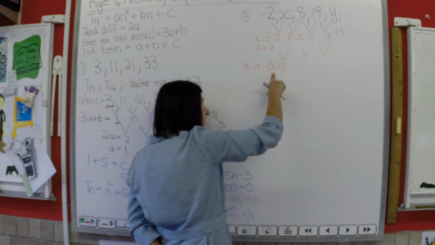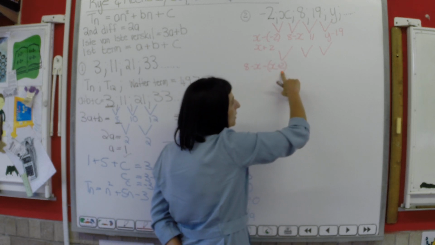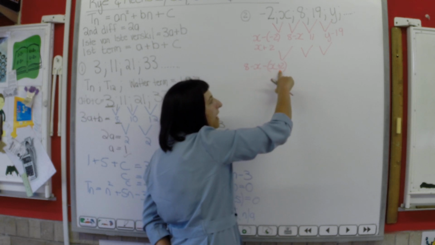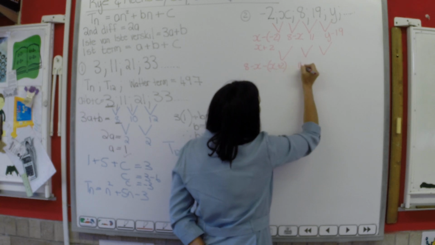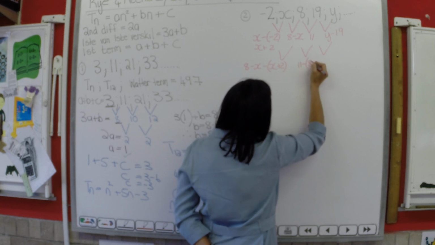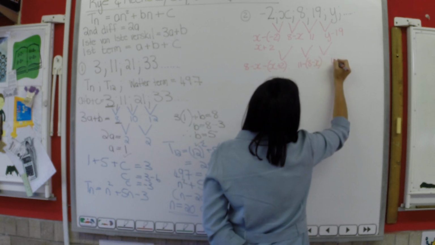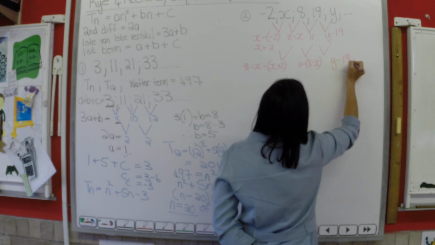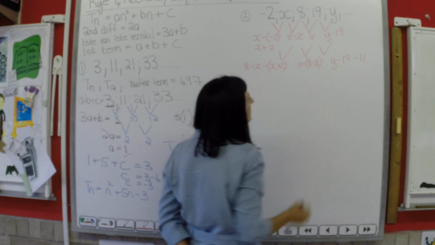Kyk, dit is baie belangrik dat ek daai tweede ding in 'n hakkie sit if it's a binomial, because that minus is going to have an influence on that sign. So dan het ek 11 minus again in brackets, very important, and the last one y minus 19 minus 11. Nie nodig om hom in hakkies te sit nie, want hy is net een term.